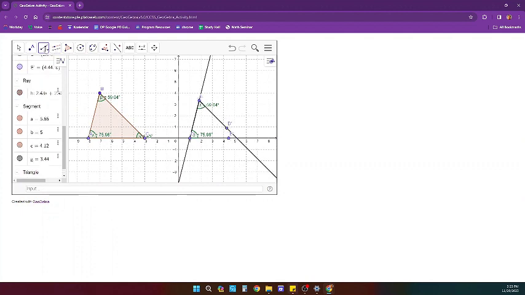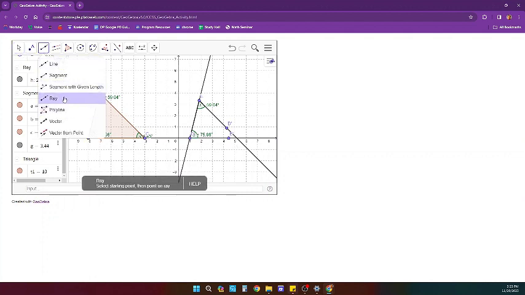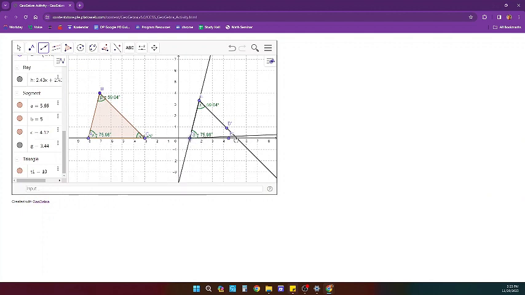And I'm going to do the same thing here. I'm going to create a ray and have it line up like so. I don't want to click my point F quite yet, because that point F is going to go right here, where the 2 lines intersect.